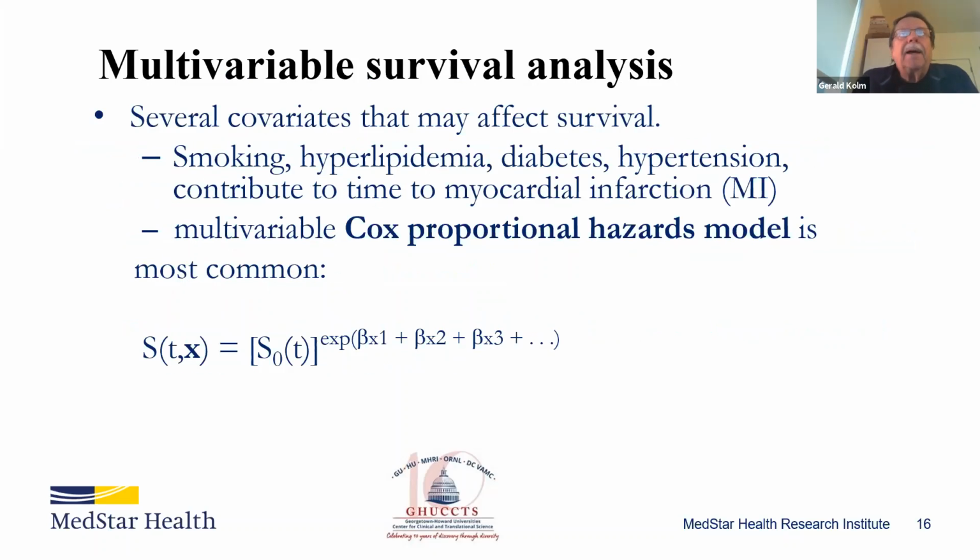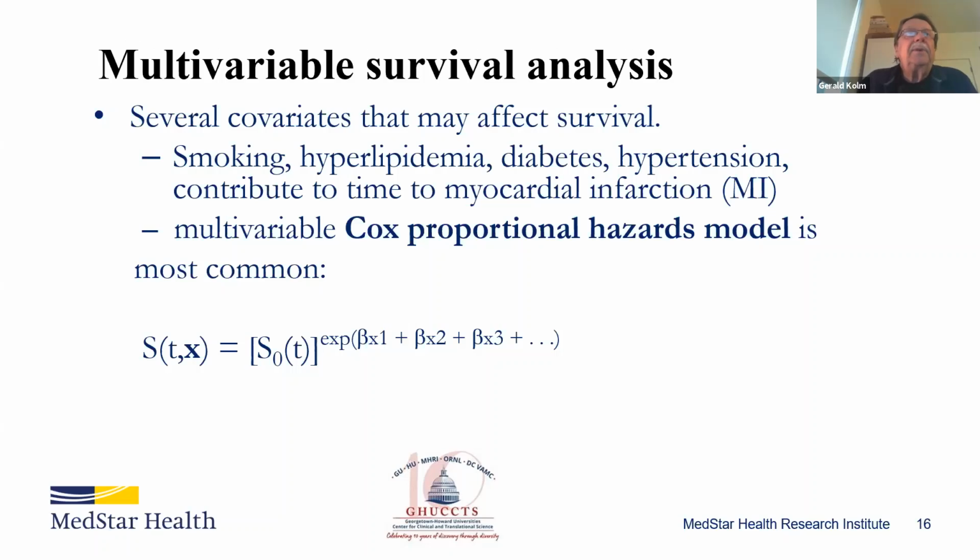Okay, so what's usually most important in survival studies is looking at how covariates may affect survival. Just as we did multivariable linear regression and multivariable logistic regression, we can do multivariable survival analysis. To do this, we typically use the Cox proportional hazards model.